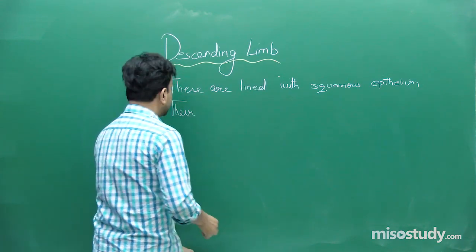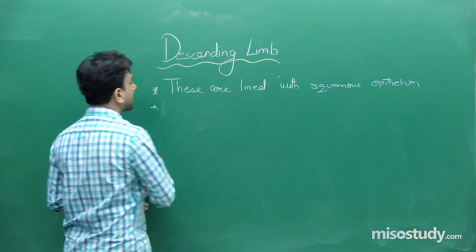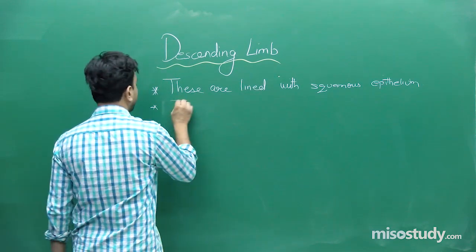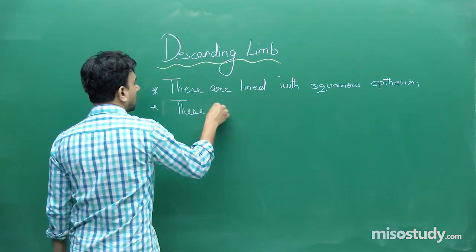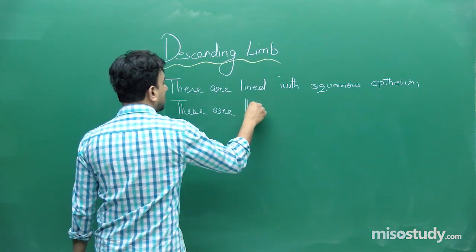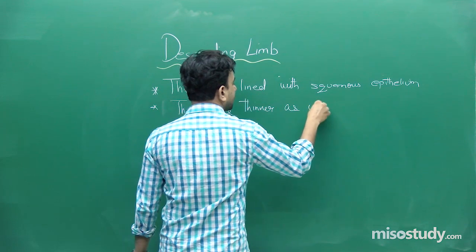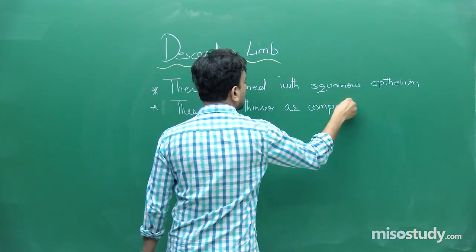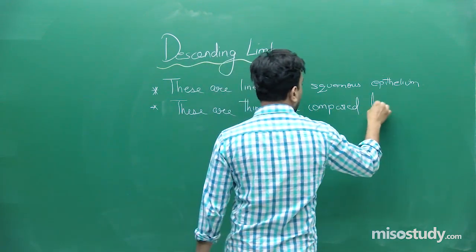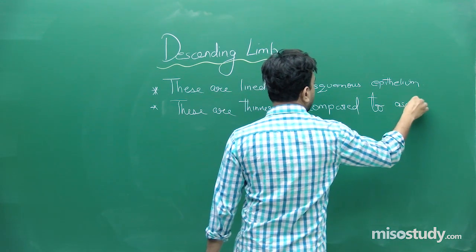These are thinner as compared to the ascending limb.